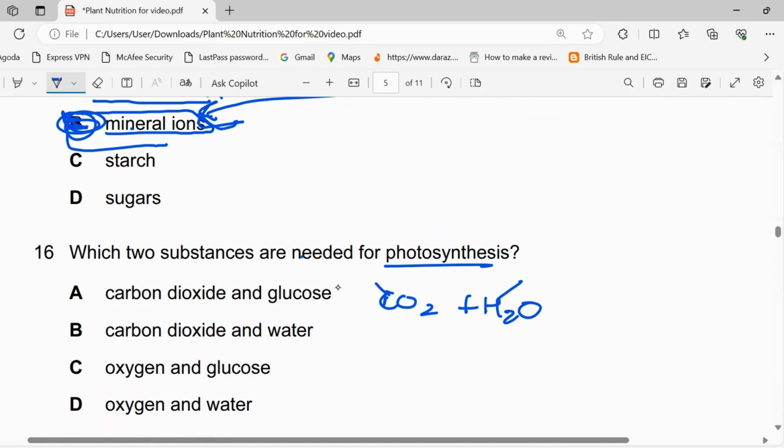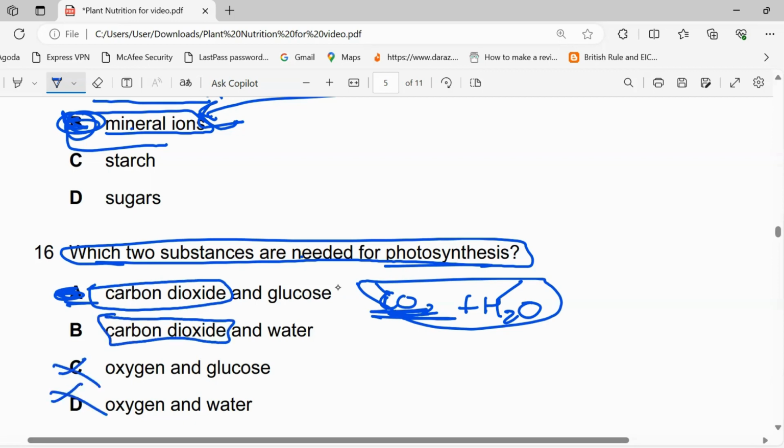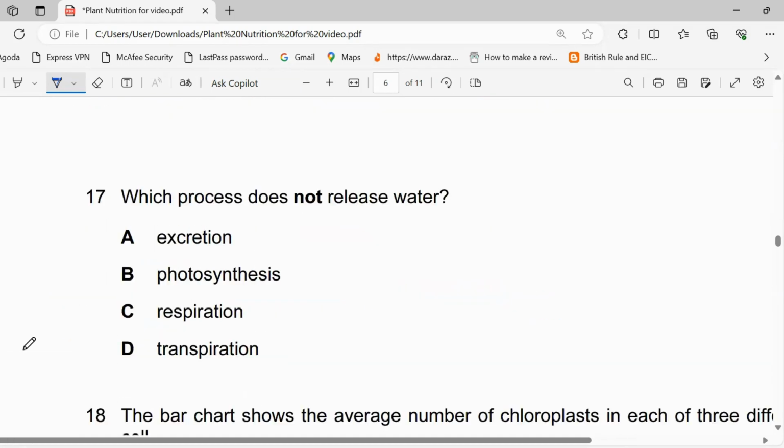Since it is asking for the reactants, carbon dioxide is present in C and D, but we need water too. Water is not present in A, it has glucose. While in part B, water is present, hence part B will be the answer.